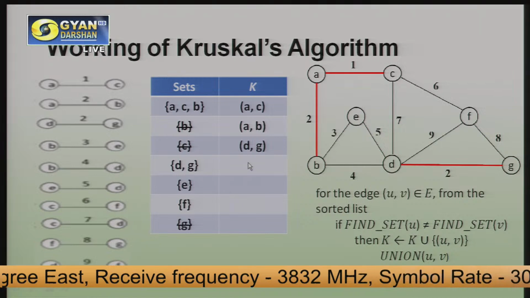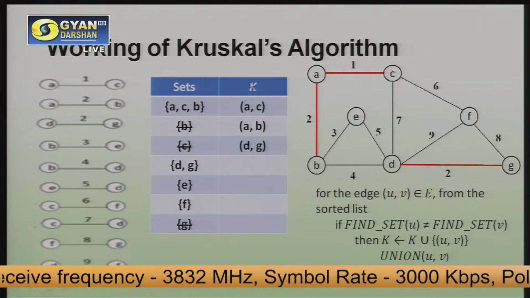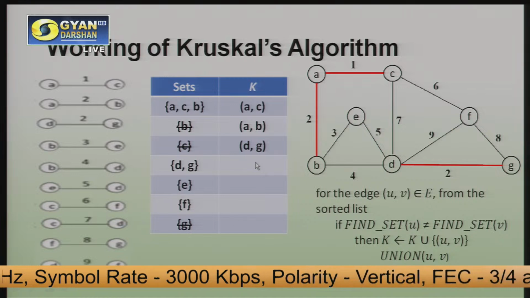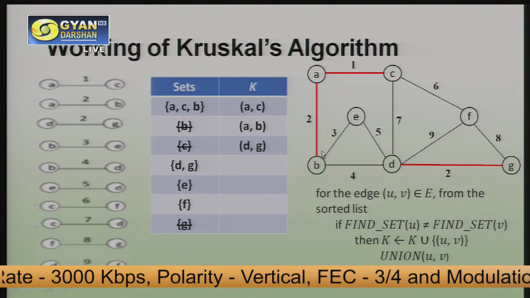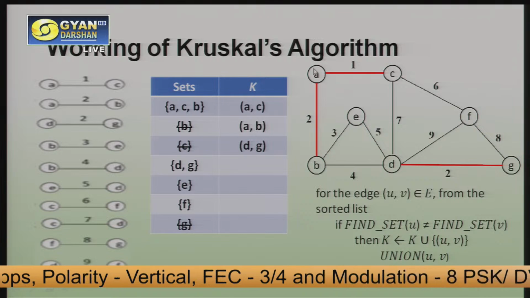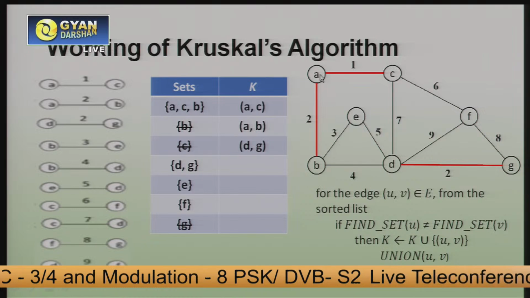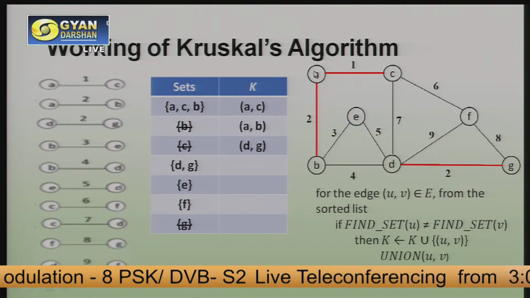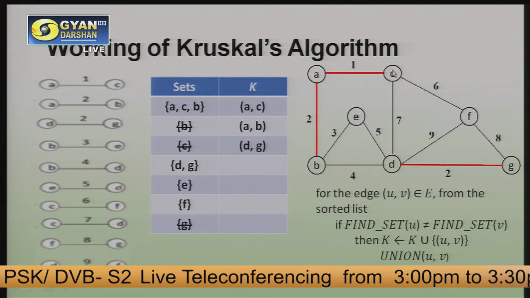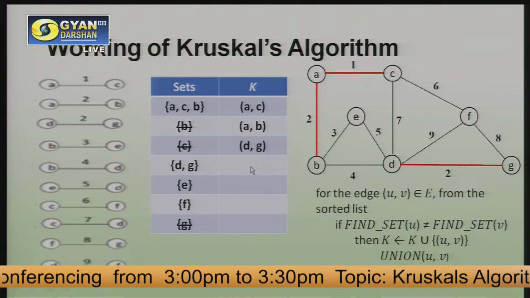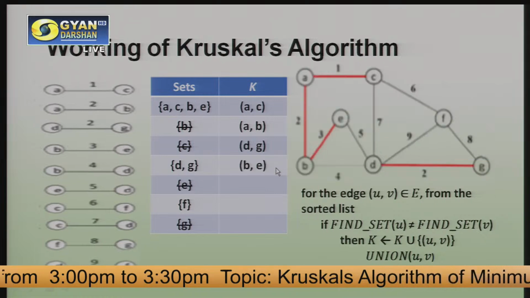BE will be added as another edge in set K, and the union of the set of B and the set of E. So now it will become a set consisting of A, C, B and E, and another edge will be added over here.